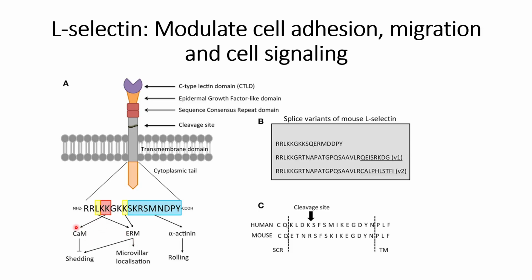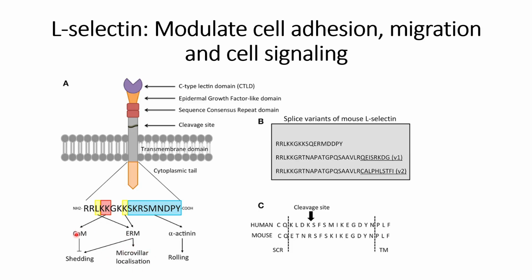This CA, which is the calcium mediated binding, is triggered by the KK amino acids, or lysine amino acids, and it usually prevents the shedding of L-selectin. After that, the ERM region is controlled by the L2K amino acid sequence, and its role is to cause shedding and microvillar localization.